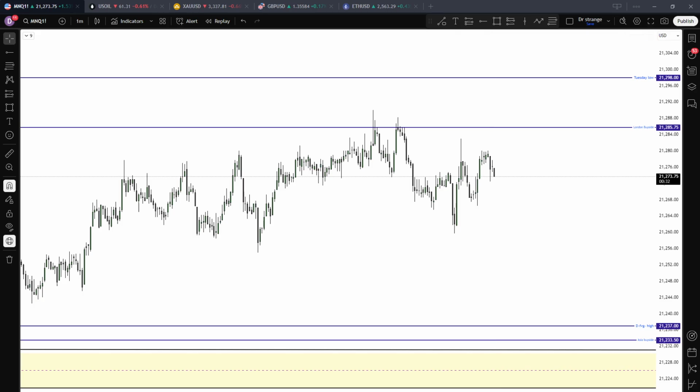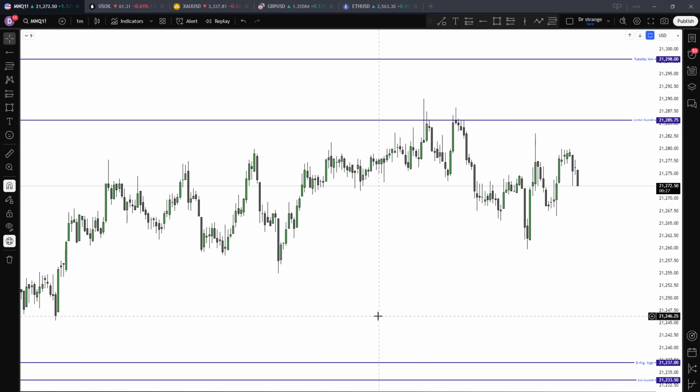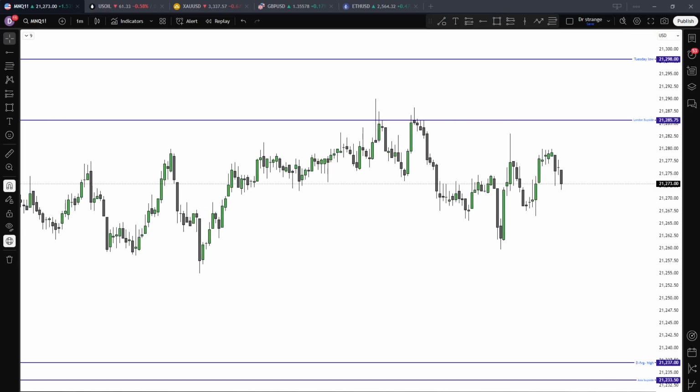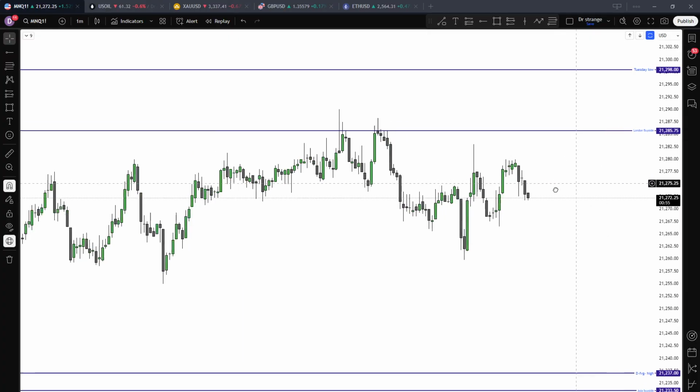And if we look at market structure, we have taken London buy side.